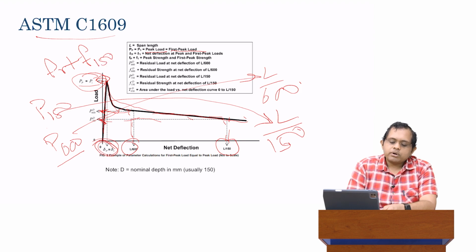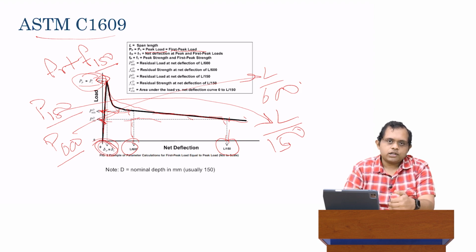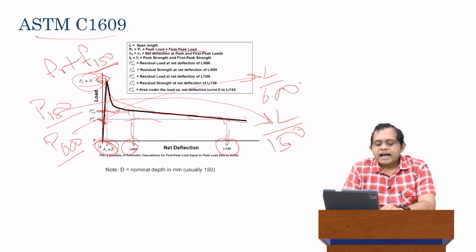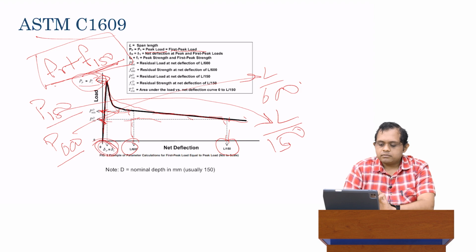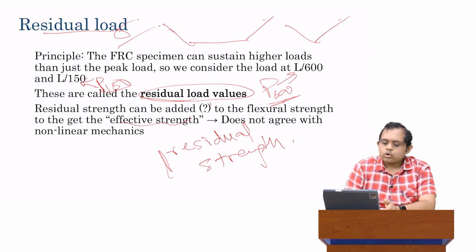That is, from this P150, I can calculate F150, which is the strength. P150 is the load at L over 150, and F150 is the residual strength, or the nominal strength at P150. So I can calculate this, and I simply add these two up. This gives me something which might be called an effective flexural strength of the material. I put a question mark over here.